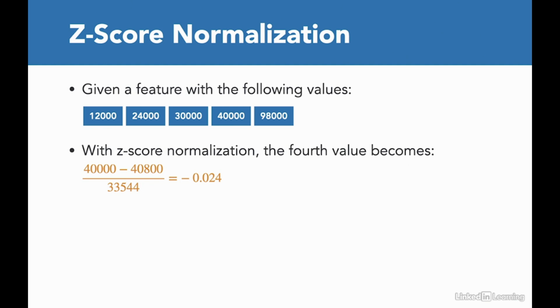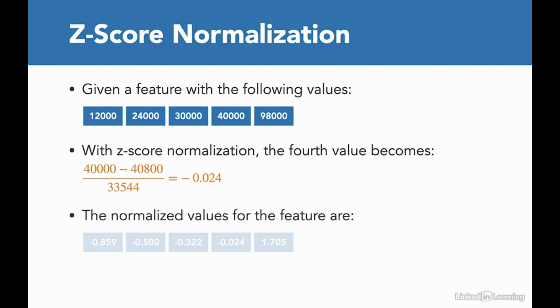This yields negative 0.024. Using this same approach for the other values of the feature, the normalized values will now be negative 0.859, negative 0.5, negative 0.322, negative 0.024, and 1.705. Note that the mean of the normalized values is 0 and the standard deviation is 1. In most instances, z-score normalization works well.